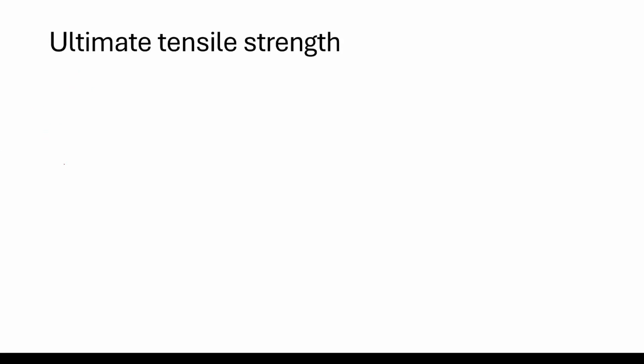Ultimate tensile strength. Now consider this. If you have a wire on which you are continuously applying a tensile stress and trying to increase its length, the maximum possible stress that you can apply on it before it breaks is called its ultimate tensile strength.